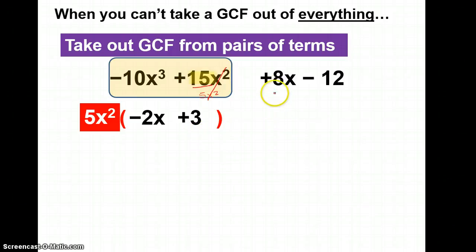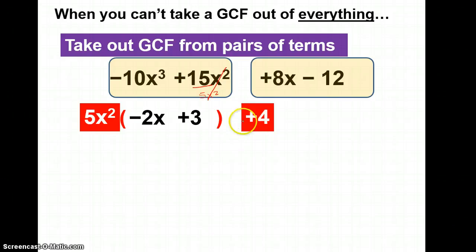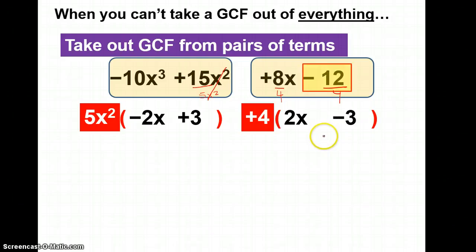All right, what are these two a multiple of? 4, right? Plus 4. All right, so I'm going to divide out 8 divided by 4, sorry, and negative 12 divided by 4. Oh, wait.